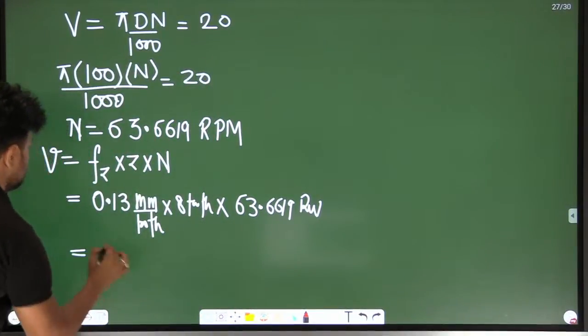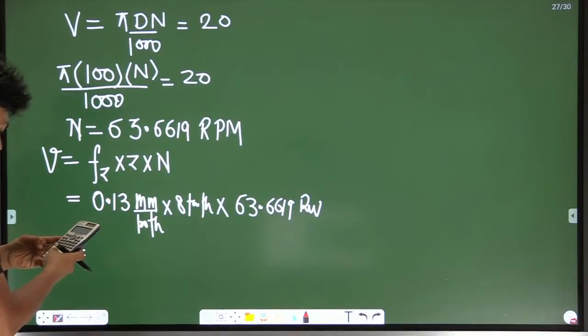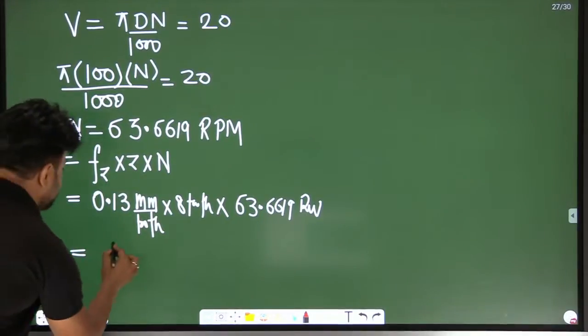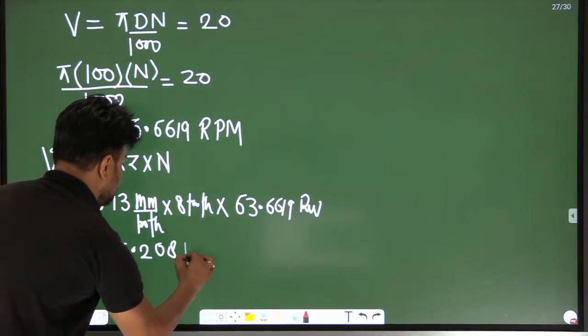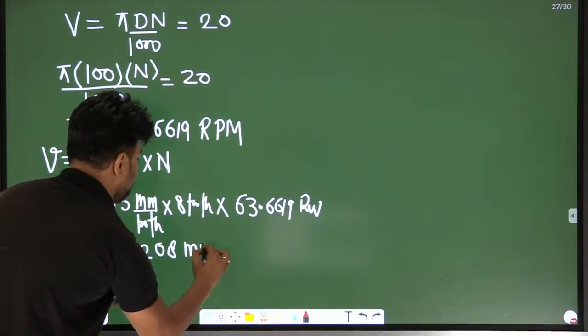So the table speed will be 63.6619 into 8 into 0.13. It comes to 66.208 mm per minute.